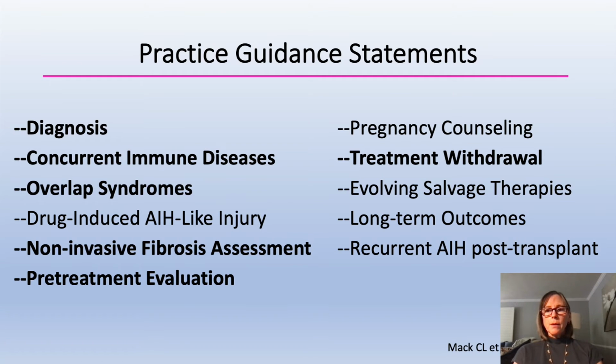So here is the list of consensus statements that were developed by the panel, and many of them include areas involved in the diagnosis and long-term management of patients. There won't be time to go over all of these different guidance statements, and I'm going to be discussing the ones shown in bold.